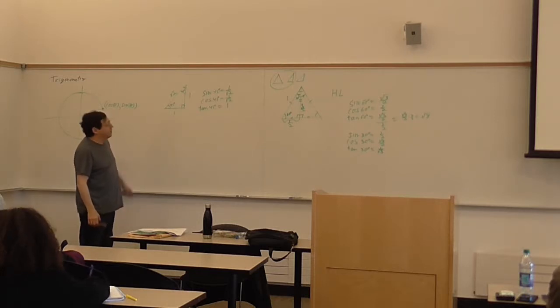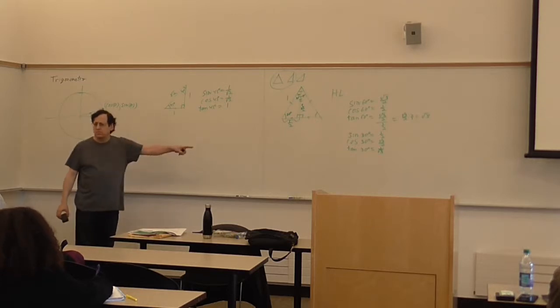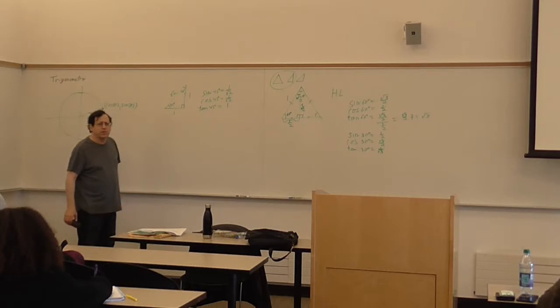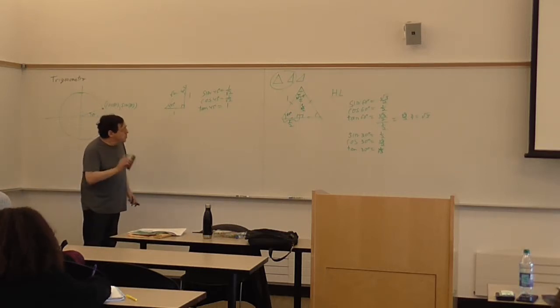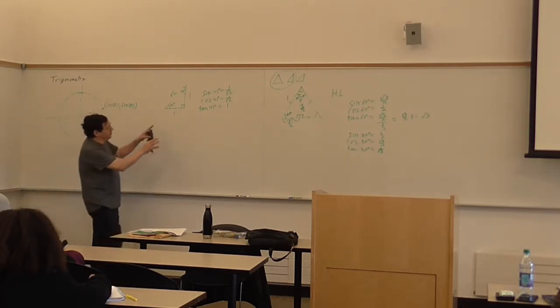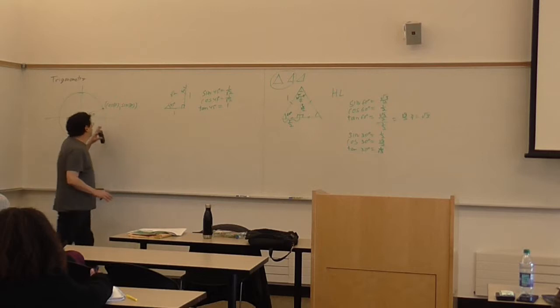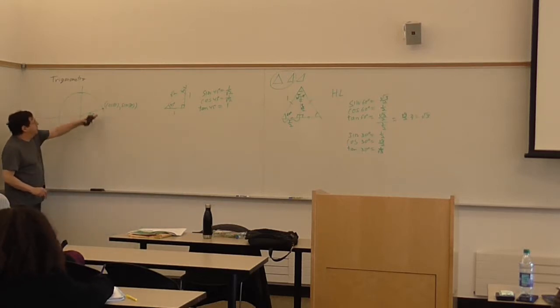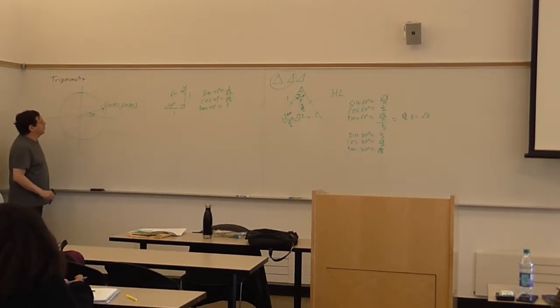Okay. Any questions about this? I assume this is hopefully in review for most of you. The next thing I want to do is take this information and apply it over here to my circular definition of the sines and cosines.